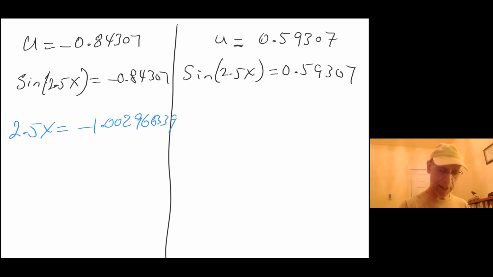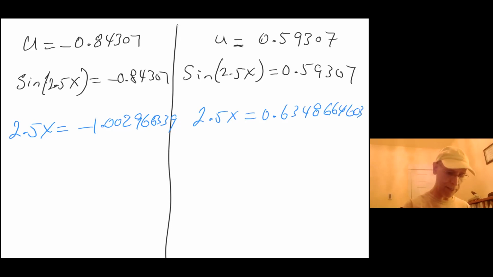And on this side, sine inverse of 0.59307 gives me 2.5x equals 0.634864603. Dividing both sides by 2.5, I get x equals here and x equals here.